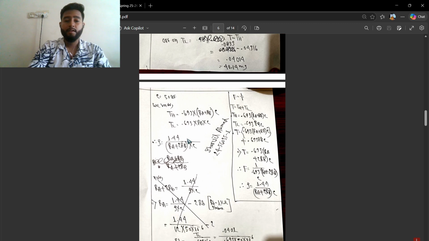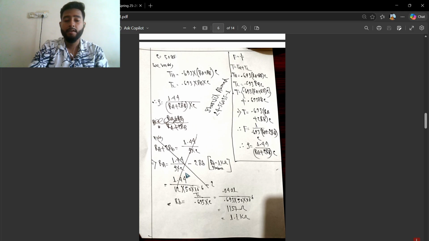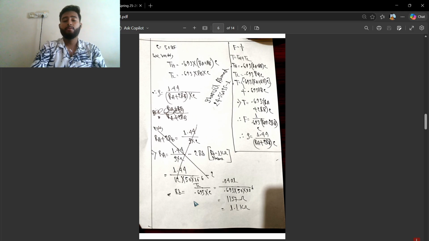Then we choose the capacitor as 50 microfarad, then use the high and low time equations and calculate RB.